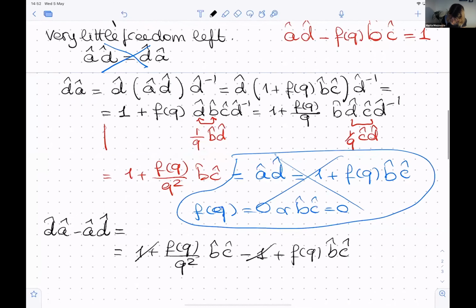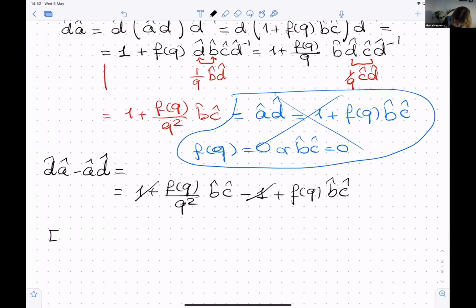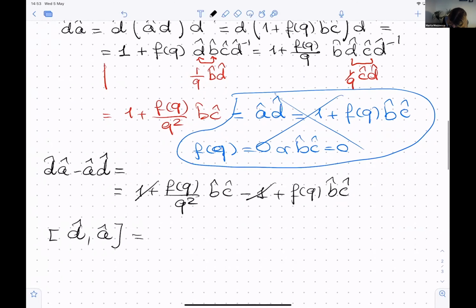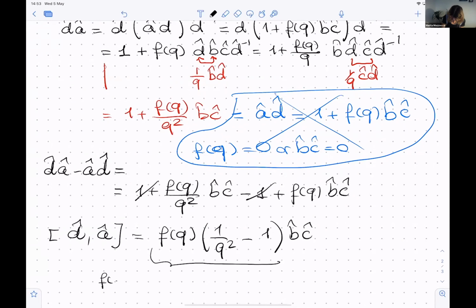So we have that the commutation relation between D and A is given by, whatever F of Q is, 1 over Q squared plus 1, minus 1, sorry, minus 1, B, C. Okay? So whatever you choose for this f of q, for example, it could be q. Normally people like to use q, because if f of q is equal to q, then this becomes much simpler. Looks nicer that way, okay?